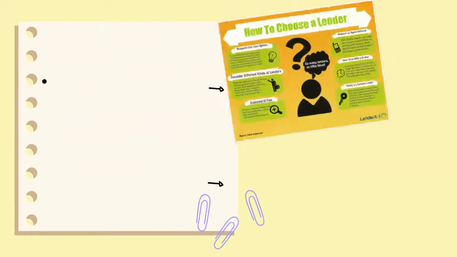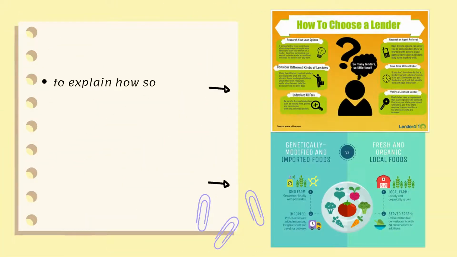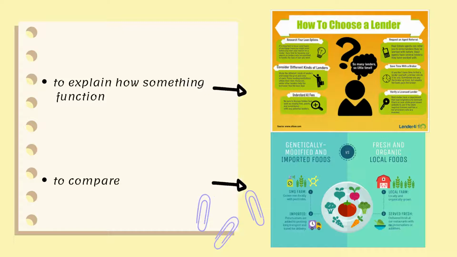Using infographics to explain how something functions. It can show the intricacy of how something complex works. It can reveal the mechanics behind how an object works. And also using infographics to compare, presenting information by highlighting similarities and differences through a visual parallel in an infographic can turn out more effective than sometimes expressing it in words.